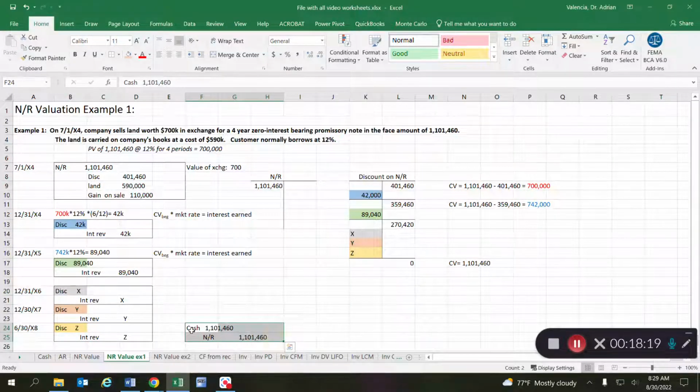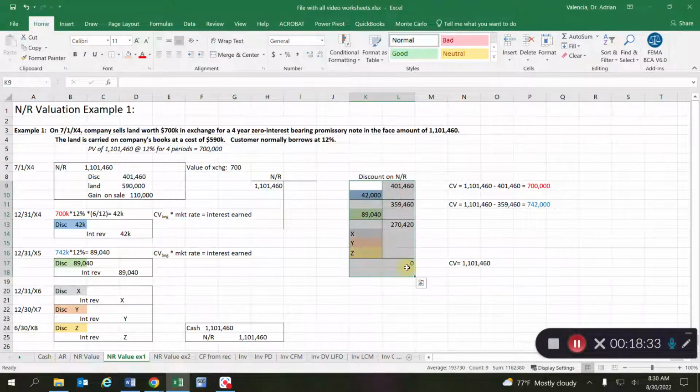So you're going to debit the cash, you're going to increase the cash for that 1.1 million, and you're going to eliminate the note, the original note, you're going to credit it for 1.1 million. You don't have to do anything with the discount anymore, because recall that now you fully amortize that discount, and that discount is 0.